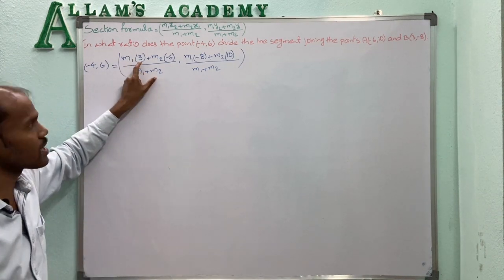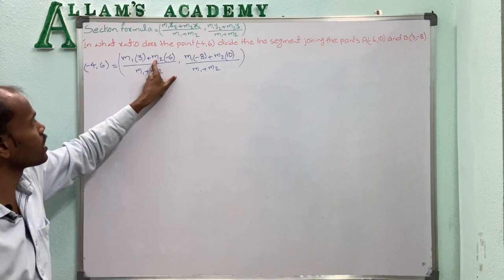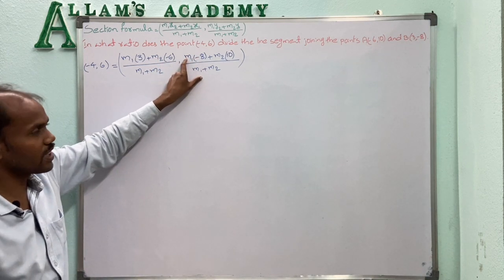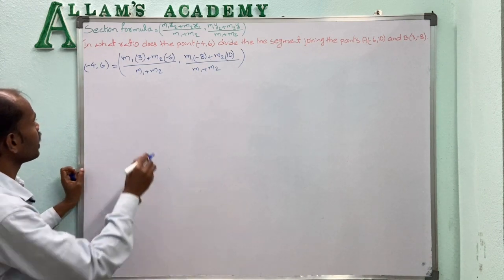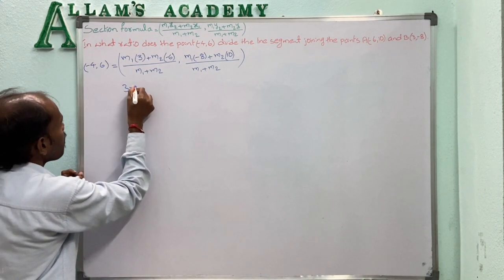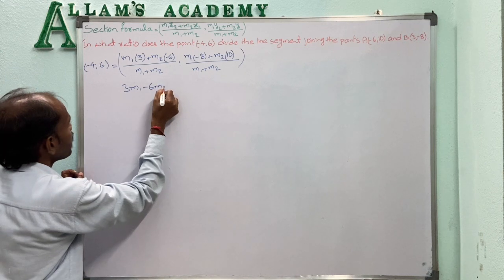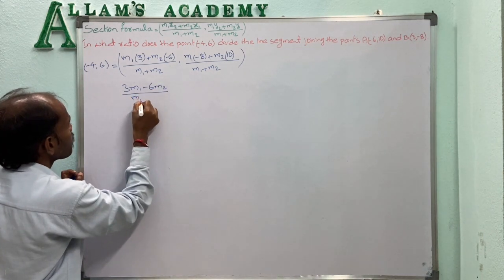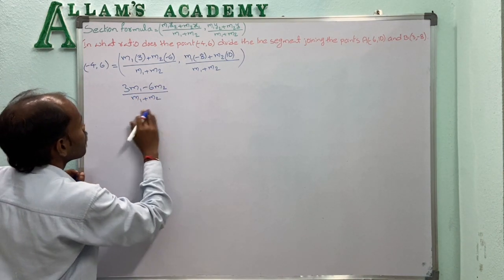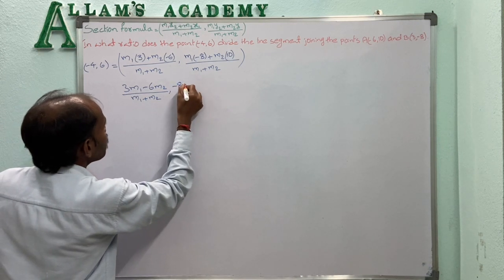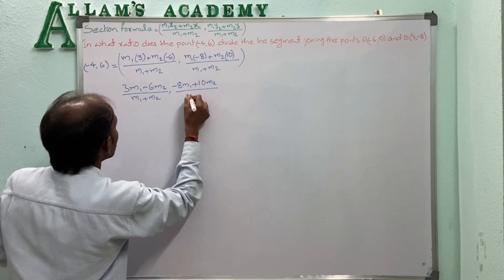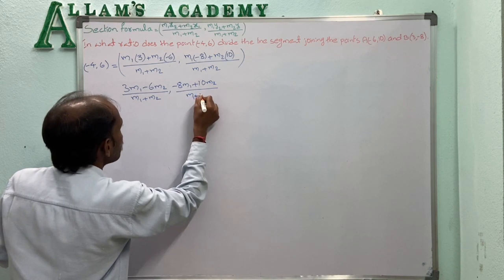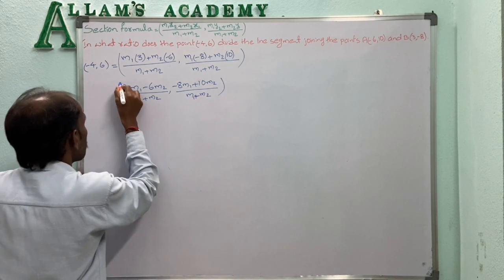3 into m1 is 3m1, minus 6 into m2 is minus 6m2, minus 8 into m1 is minus 8m1, 10 into m2 is 10m2. So (3m1 minus 6m2) by (m1 plus m2), (minus 8m1 plus 10m2) by (m1 plus m2) is equal to minus 4 comma 6, the point.